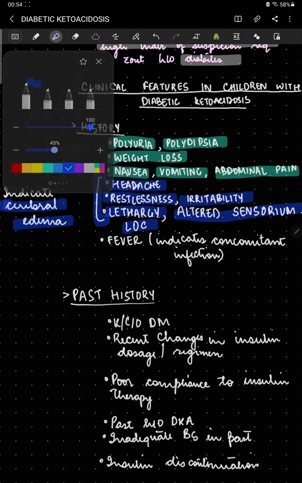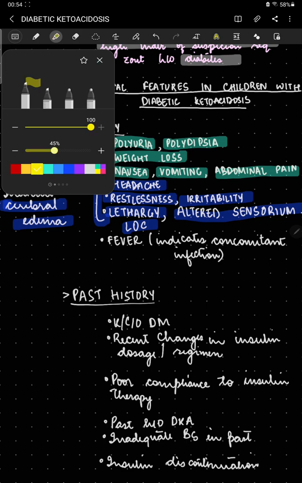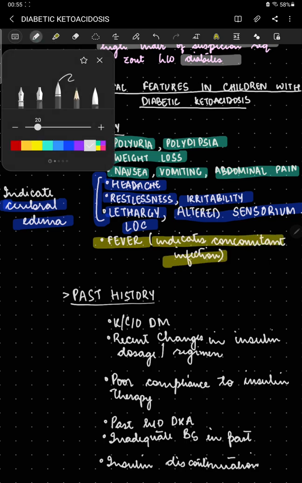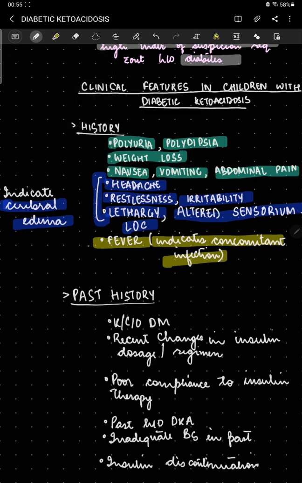Okay, last but not the least, there may be fever that indicates a concomitant infection, and most of the time what happens is this infection only triggers the DKA like situation.